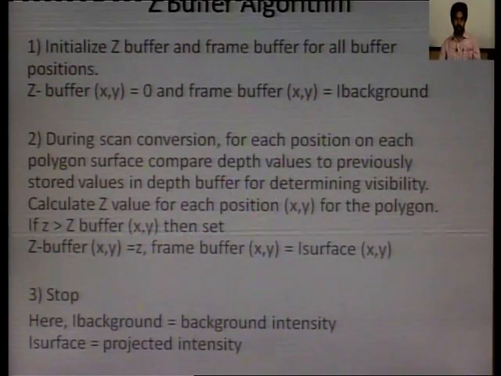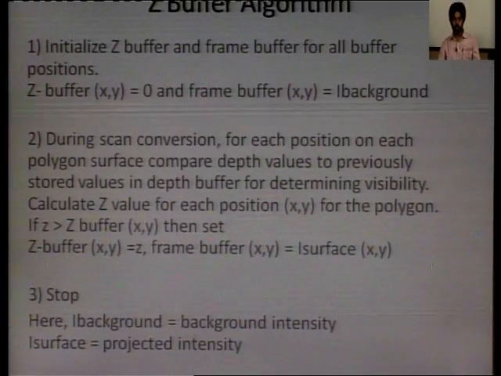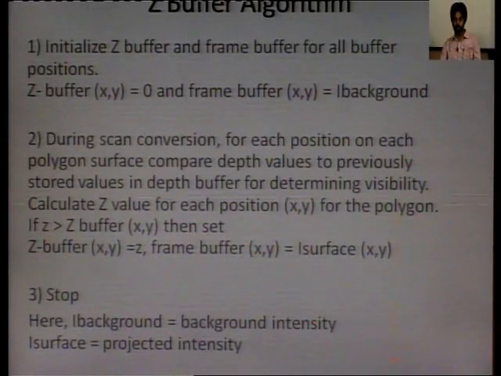Second, during scan conversion, for each position of each polygon surface, compare the depth value to the previously stored value in the depth buffer for determining the visibility.